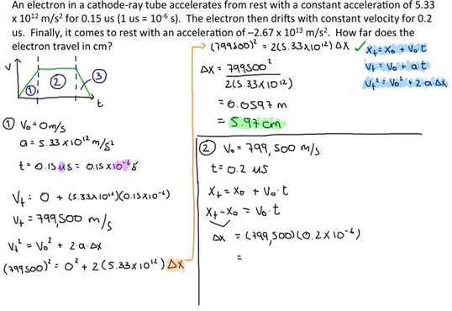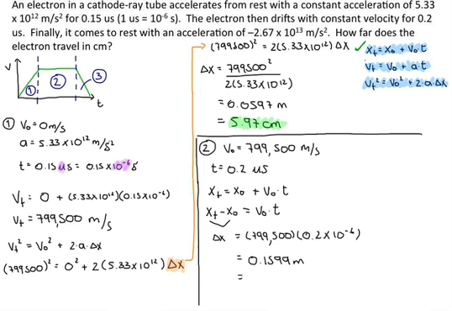So now you take that, you plug it into your calculators once again, times 0.2 microseconds, and you should all come to say that the distance is 0.1599 meters.